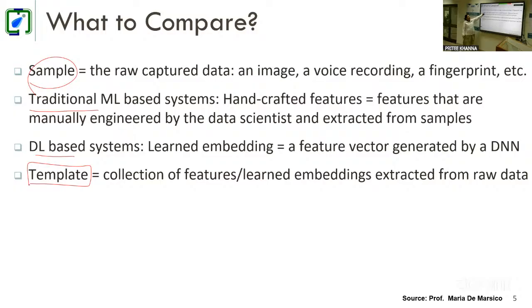Whether we are using a traditional system or the deep learning system, those features are extracted and then collected, because a template is an amalgam of the features extracted from, let us say, multiple copies of my biometric provided multiple times. So the template is created from all the extracted features, which is a collection of the features, or in a learning system, a collection of the learning embeddings. Now this template is there and we need to.